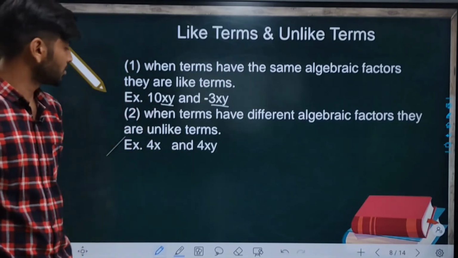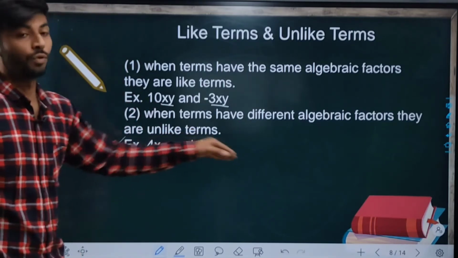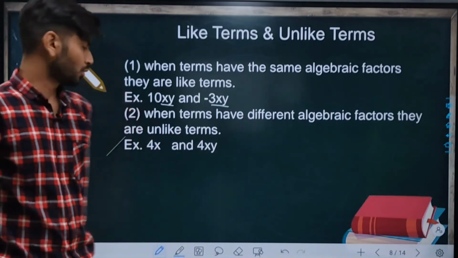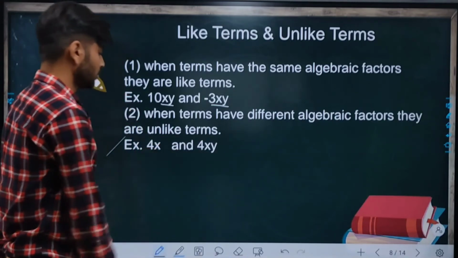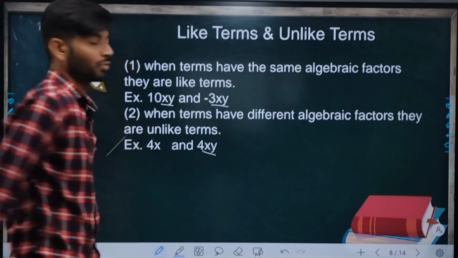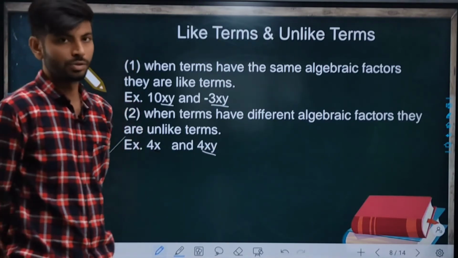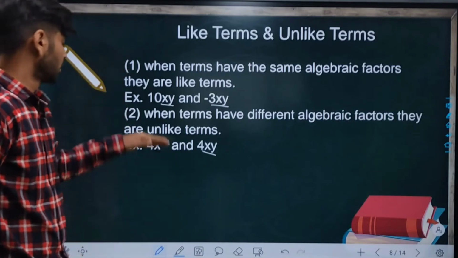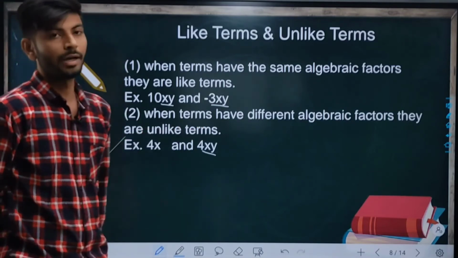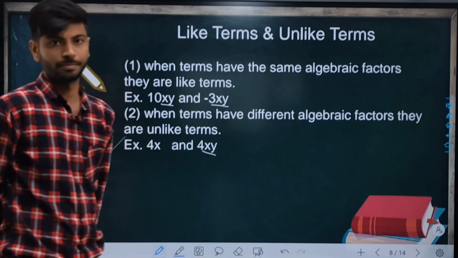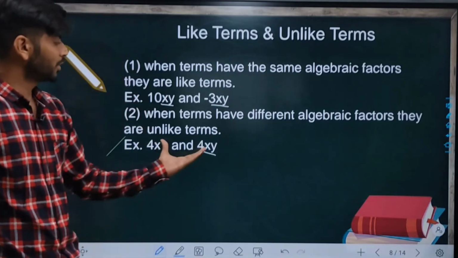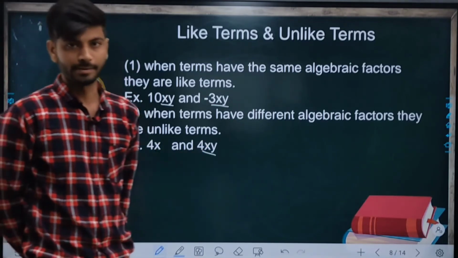Similarly, for unlike terms, you can see 4x and 4xy. In one term x is given, and in the other term xy is given. So the algebraic factors are different in these two terms, so we will say 4x and 4xy are unlike terms. It is important for the exercise.